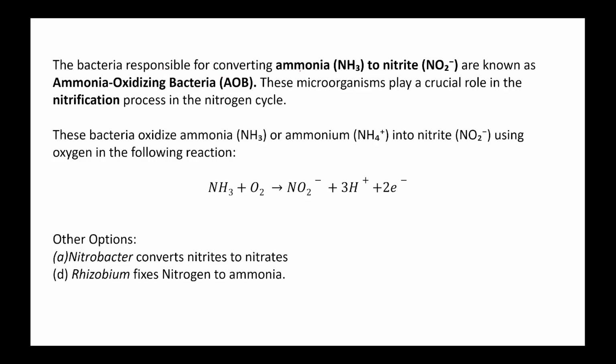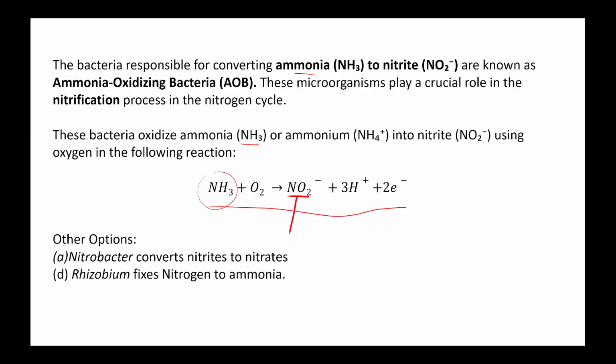Bacteria responsible for converting ammonia into nitrites are known as ammonia oxidizing bacteria, and the process is called nitrification. These bacteria oxidize ammonia or ammonium ions into nitrite using oxygen in the following reaction. In this reaction, you can see ammonia is converted into nitrite.